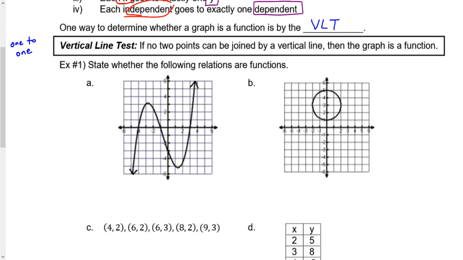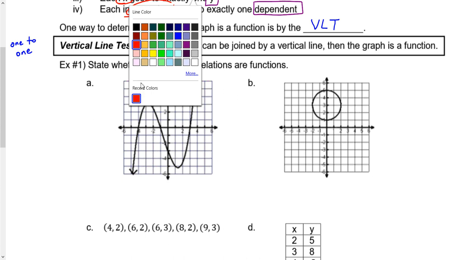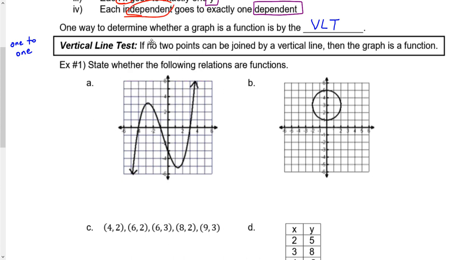So here's how a vertical line test goes. I'm just going to grab my line and change my color.